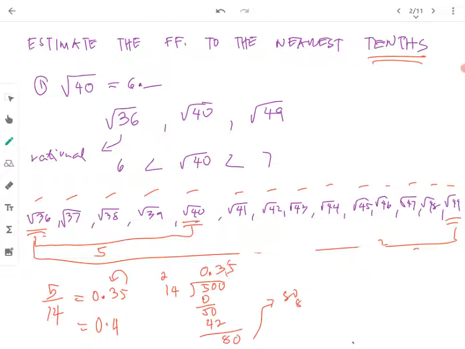Since it's 5, we add 1 to 3, which becomes 4. So our 5/14 rounded to the nearest tenth is 0.4. We add it to 6, which gives us the square root of 40 is approximately equal to 6.4.